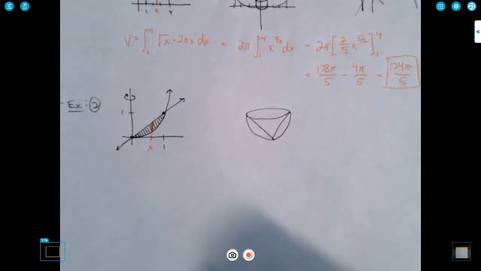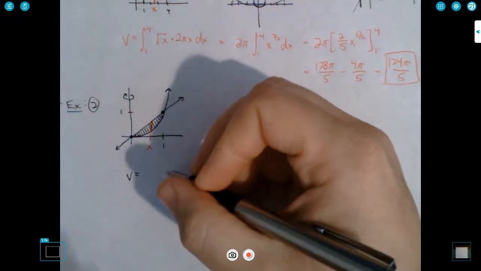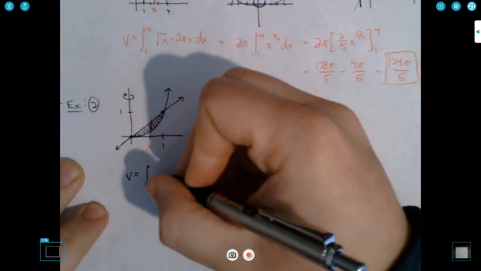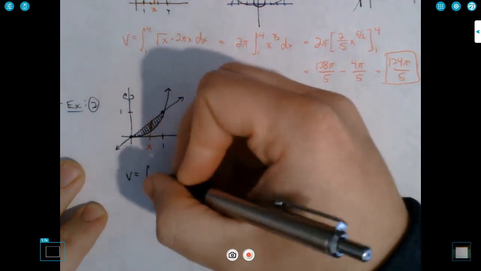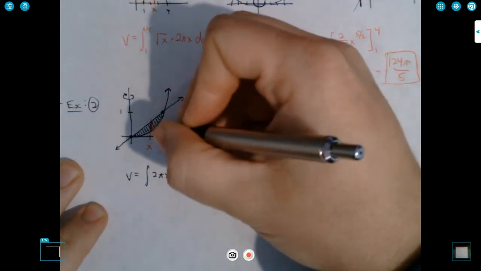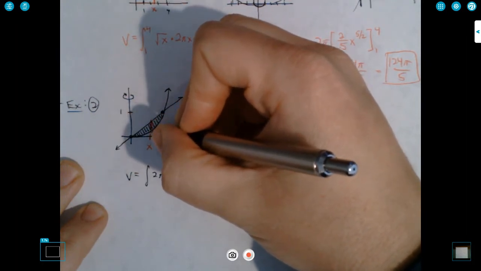So the volume is going to be the integral of, now the radius is still x though, right? So it's going to be the circumference of the top circle, 2 pi x, times the height, which is going to be x minus x squared, right?